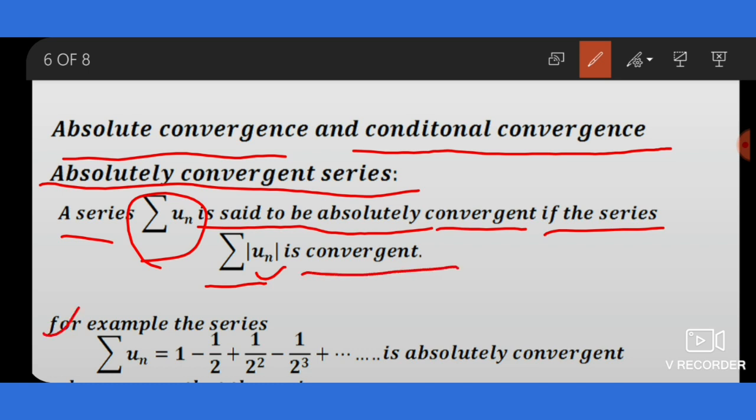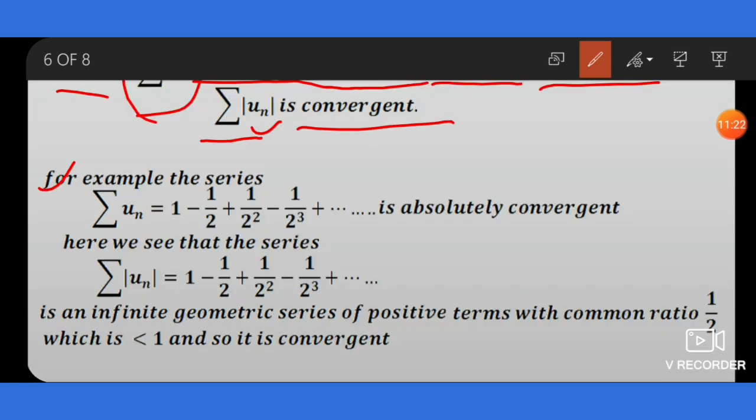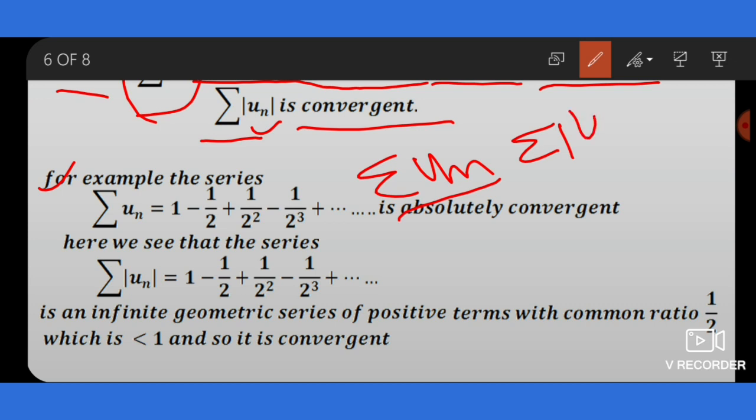For example, if summation un is a series of positive terms, then summation un and summation mod of un are the same series, and so if summation un is convergent, it is also absolutely convergent. Hence, for a series of positive terms, the concepts of convergence and absolute convergence are the same.